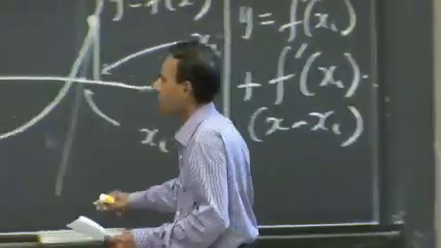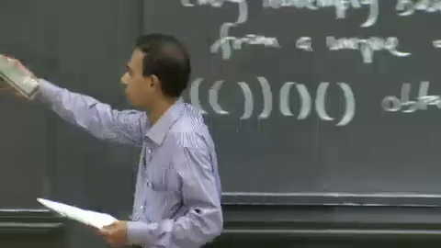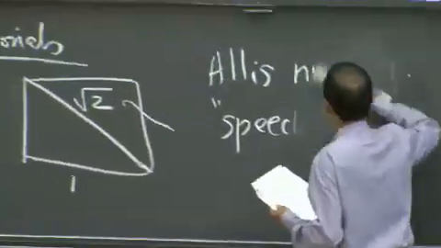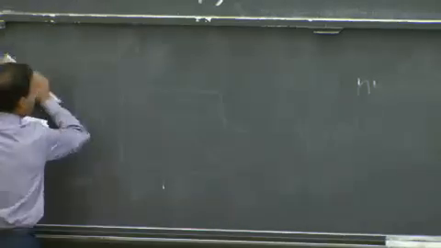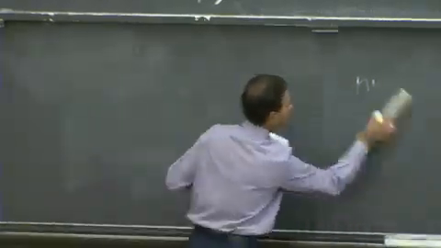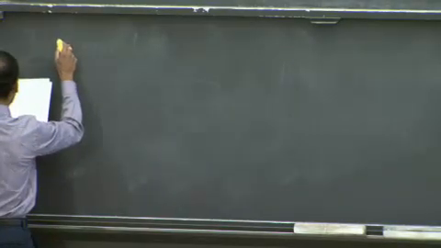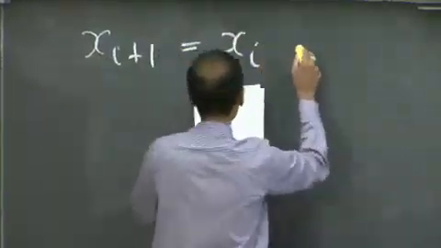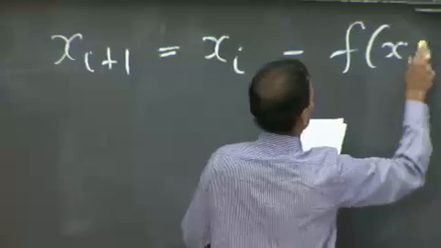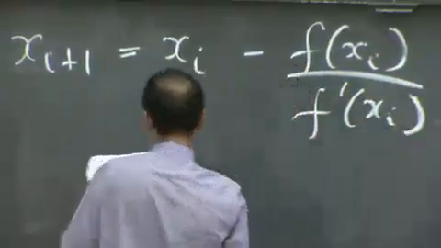Okay, and that's essentially what we have to do to compute things like square root of 2, which is iteratively apply Newton's method. The only problem is, this is all good in theory. We take that equation and turn it into xi plus 1 equals xi minus f of xi divided by f prime of xi.